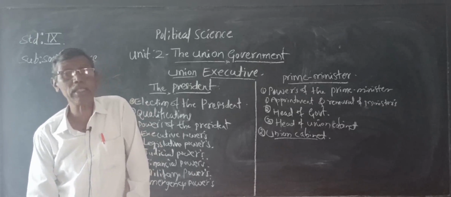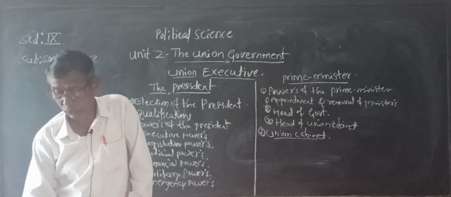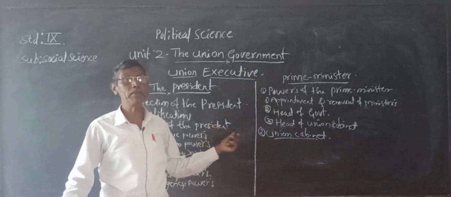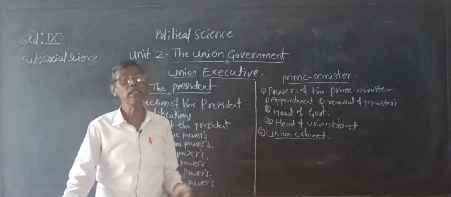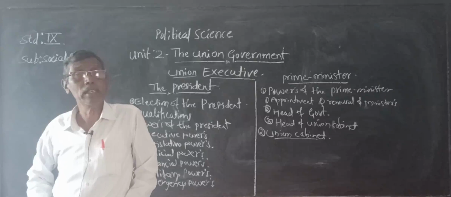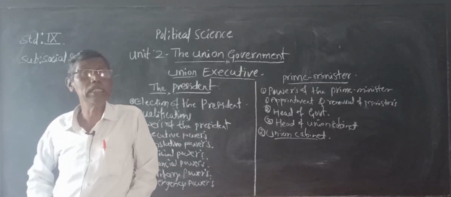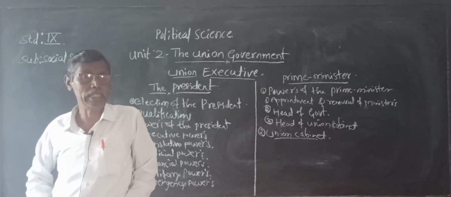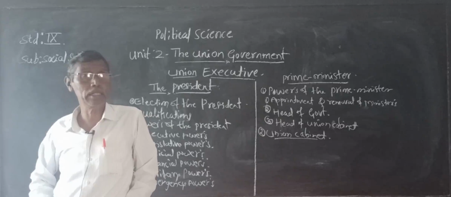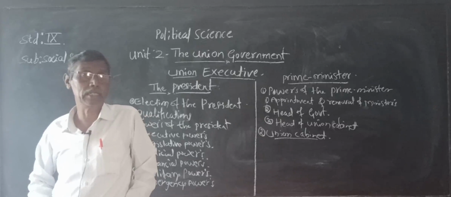The President is head of the executive only in name. The President of India is the nominal head of the executive, but the real head of the executive is the Prime Minister and his Council of Ministers.